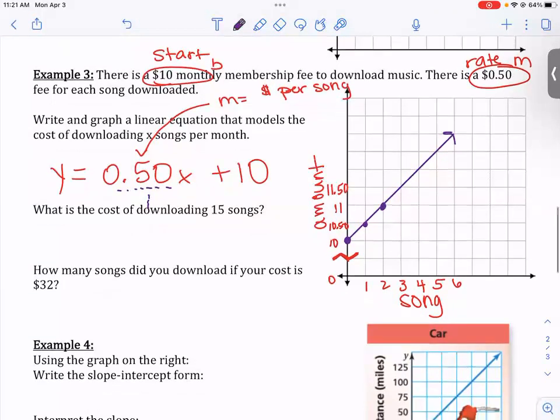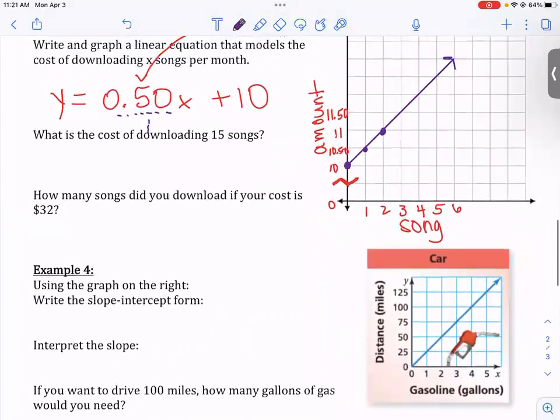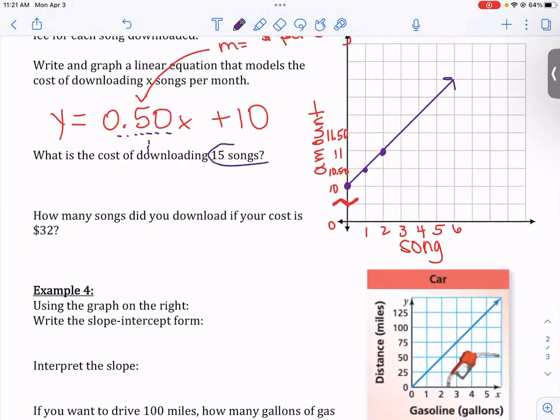Okay, so if I ask you, what is the cost of downloading 15 songs? 15 songs. Is 15 songs gonna go in for X or is it gonna go in for Y? Look at our graph. Where do you see songs? So okay, so Bennett, help us out.